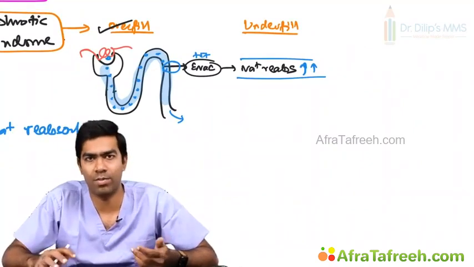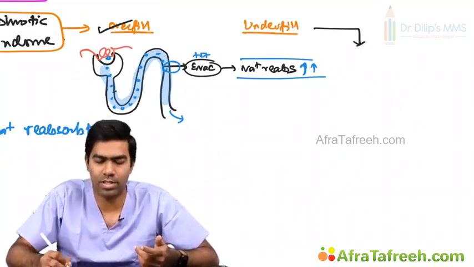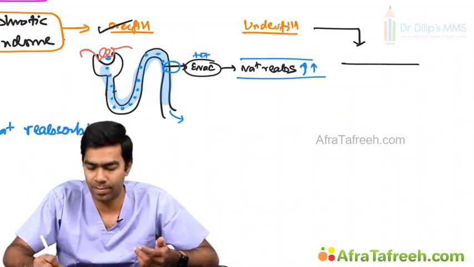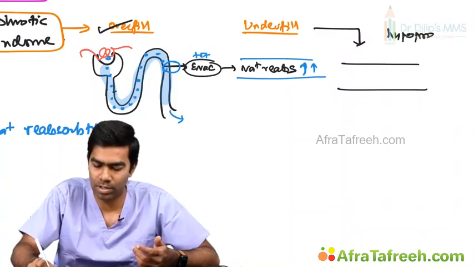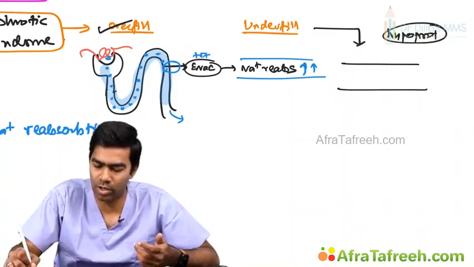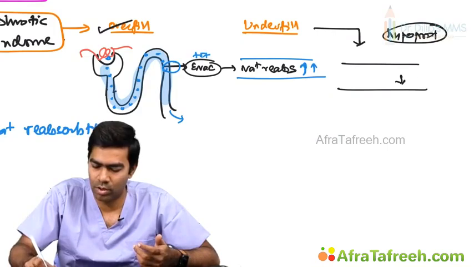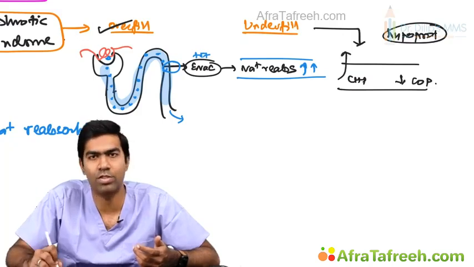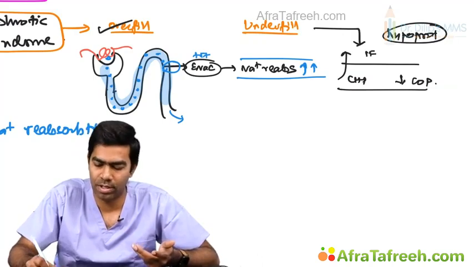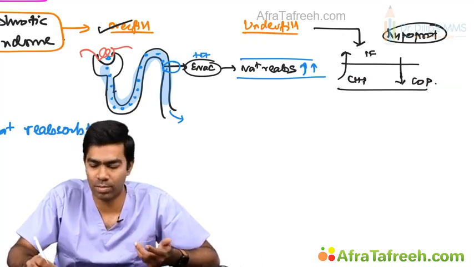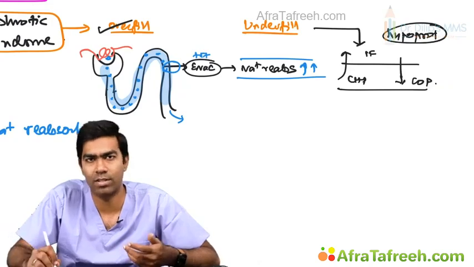What do you mean by underfill hypothesis? Underfill hypothesis says that because of the hypoproteinemia, that's going to lower the colloidal oncotic pressure. Here the capillary hydrostatic pressure will be okay. Capillary hydrostatic pressure tries to push the fluid out of the plasma into the interstitial fluid compartment, whereas colloidal oncotic pressure tries to push the fluid back into the plasma compartment.